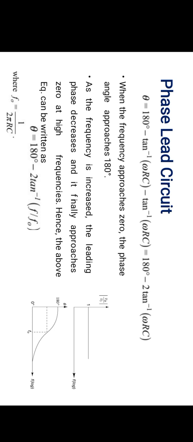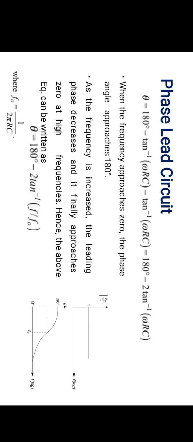Theta equal to 180 degree minus tan inverse of omega RC minus tan inverse of omega RC equal to 180 degree minus 2 tan inverse of omega RC. When the frequency approaches 0, the phase angle approaches 180 degree.